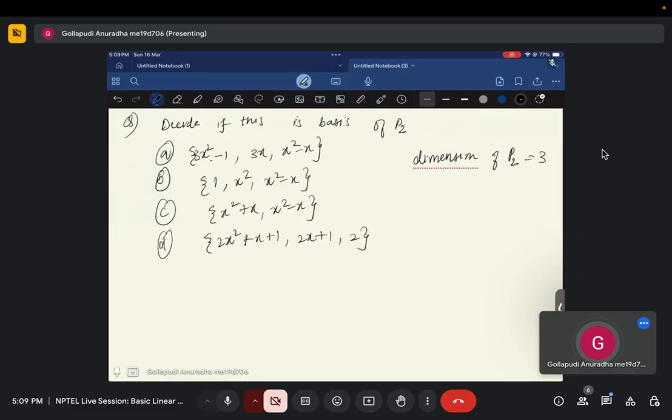Option C may be possible. So the set must have 3 members in this.